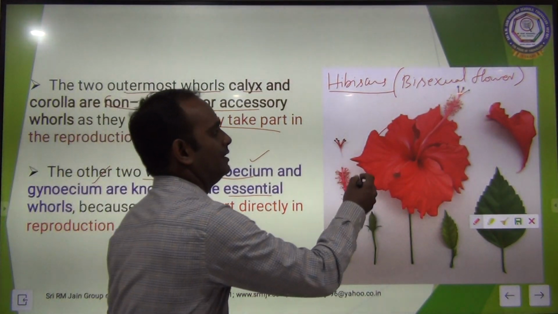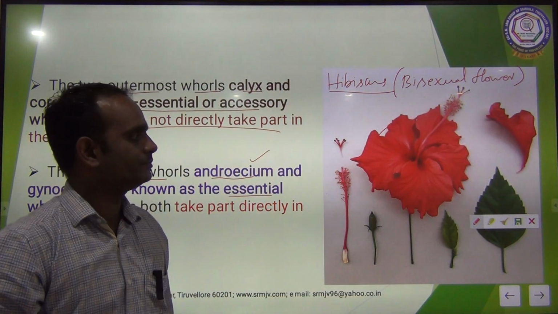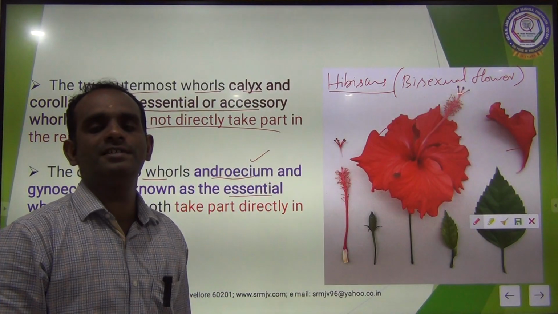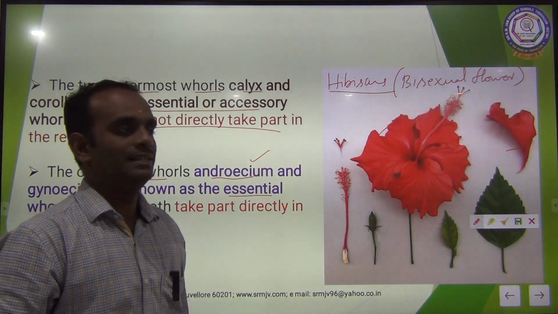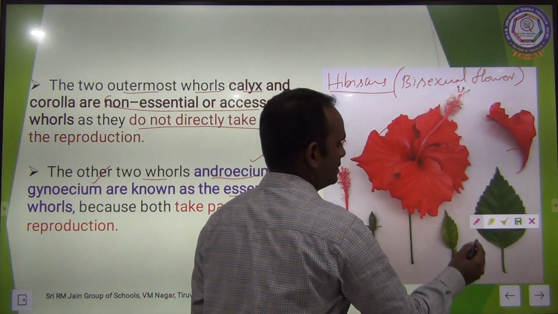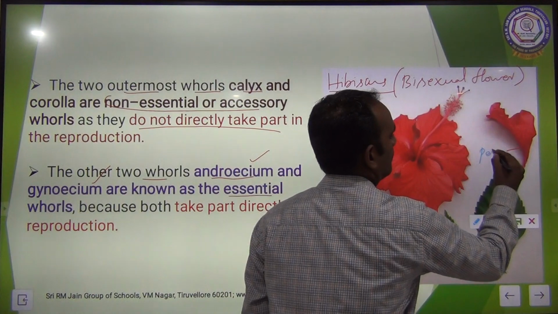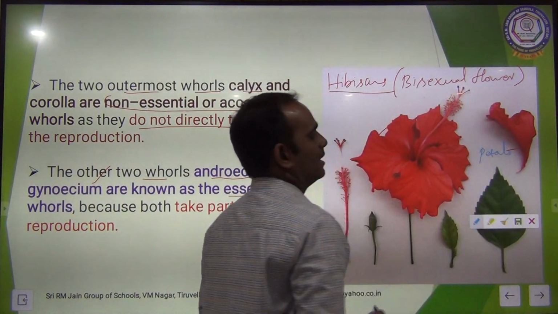Can you tell the parts of the flower, children? What is this part? Yes, it is said to be petals.